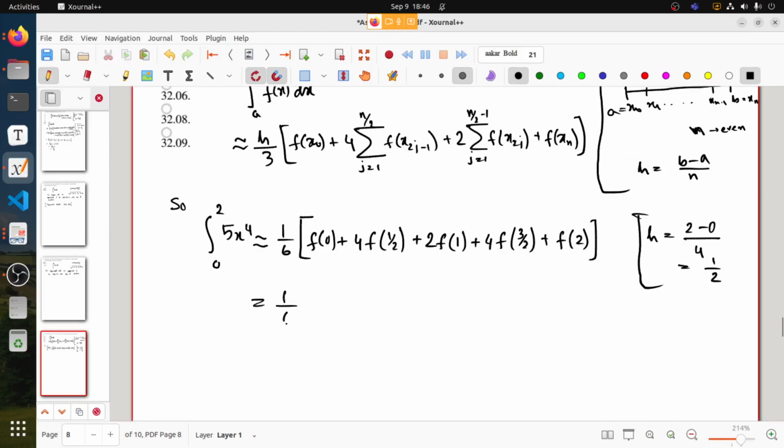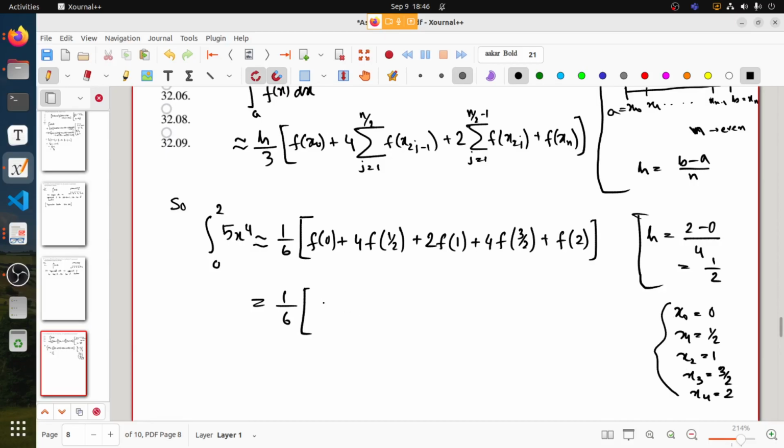Now put this. So here x naught is 0, x1 is half, x2 is 1, x3 is 3 by 2, x4 is 2, right? So what is f0?